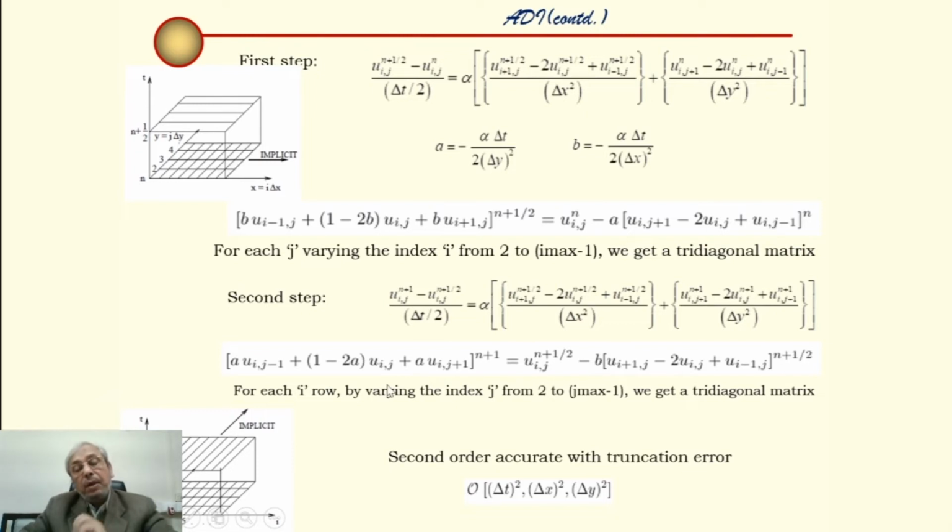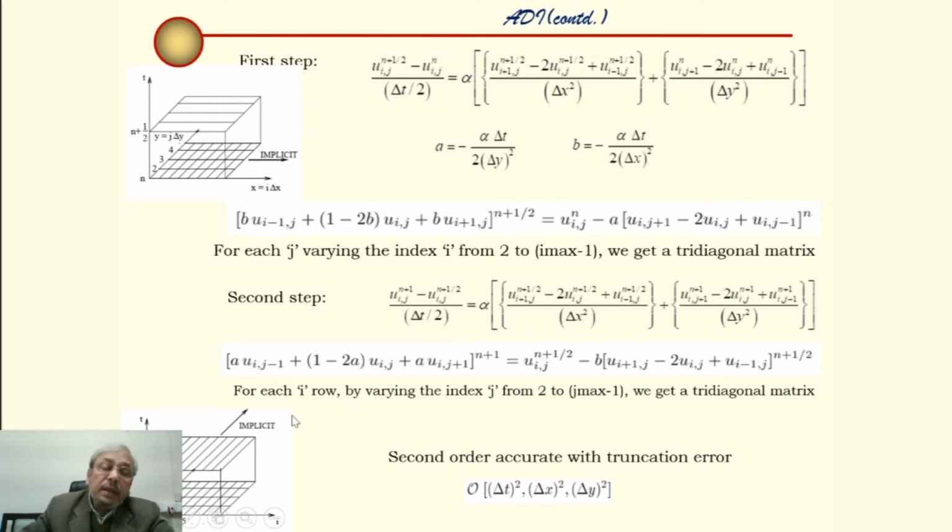That means we'll get a tridiagonal matrix, and if we invert that, we will get all j values for i equal to 2. Then for i equal to 3 we'll get all j values, and for each i we'll get a tridiagonal matrix, we'll invert that and we'll get values of all j's. So at each i we'll get a tridiagonal matrix from where we'll get values of all j's.